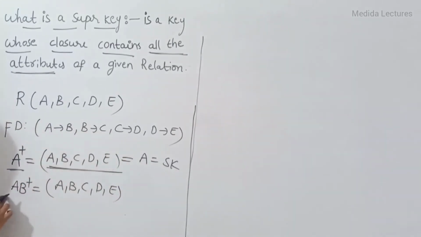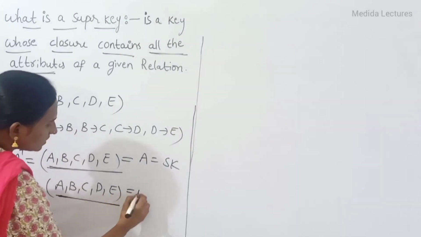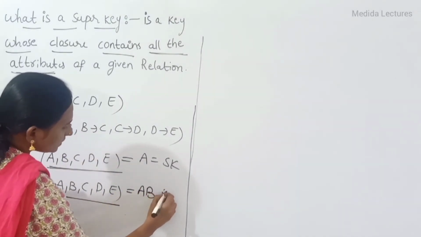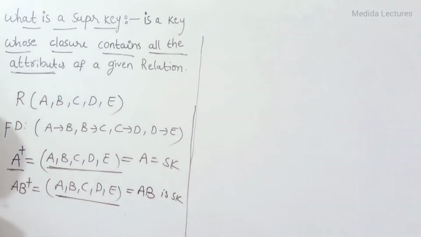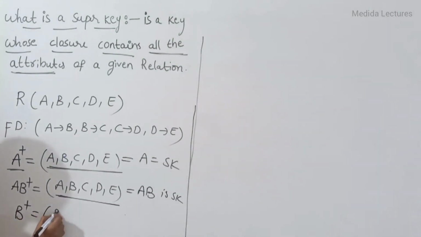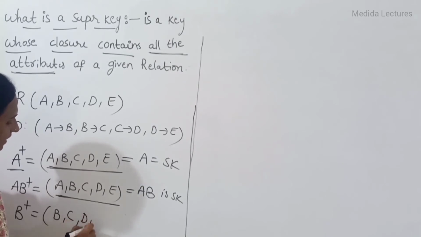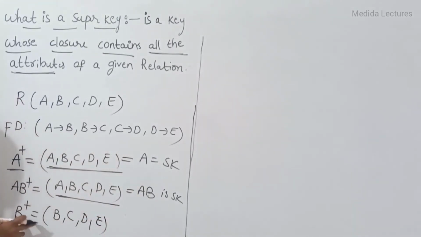Now tell me, is AB a super key or not? AB closure also consists of all the attributes. AB is also a super key. Now find out B closure. B itself determines B. If you have B, then you can determine C. If you have C, then you can determine D. If you have D, then you can determine E. So is B a super key or not?